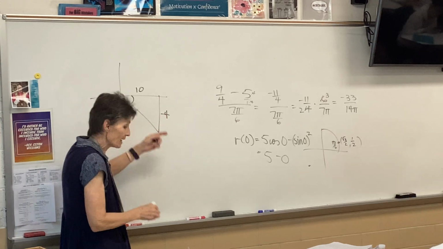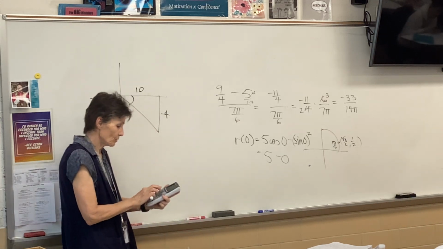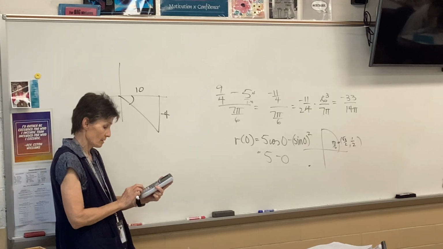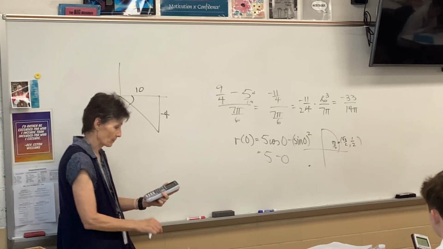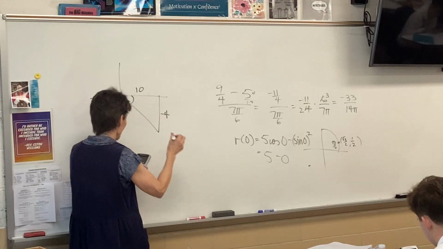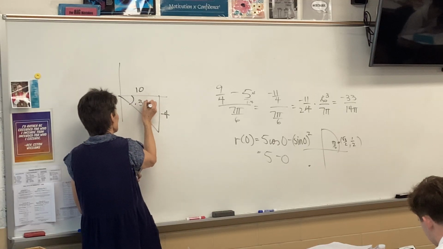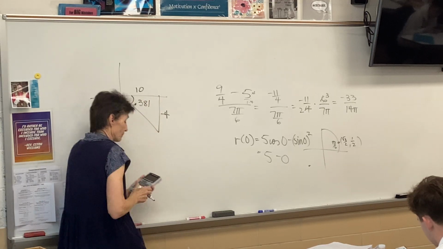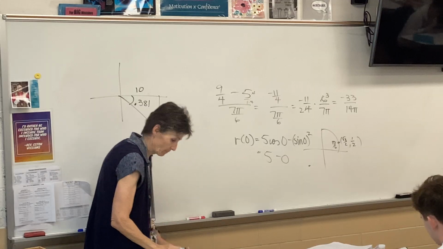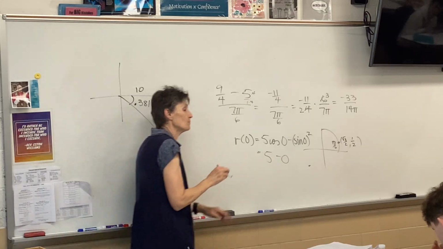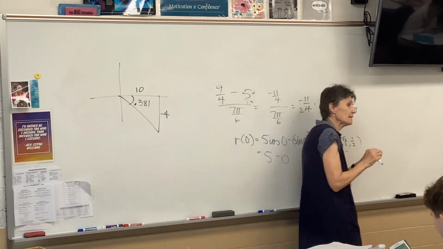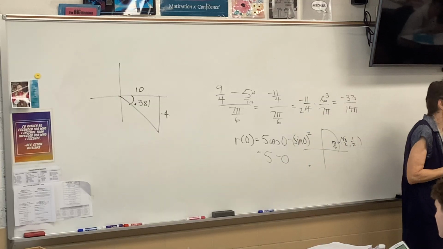So to find that angle, I'm going to do inverse tangent of 4/10. And I got 0.381. The negative is handled by being in quadrant 4.